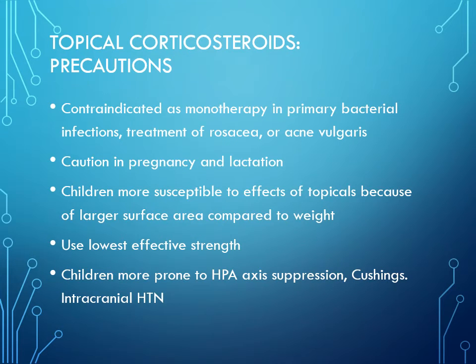Children are more susceptible to HPA axis suppression, Cushing syndrome, intracranial hypertension. So while we think we're okay with something topical, we may have more concerns with the use in children.